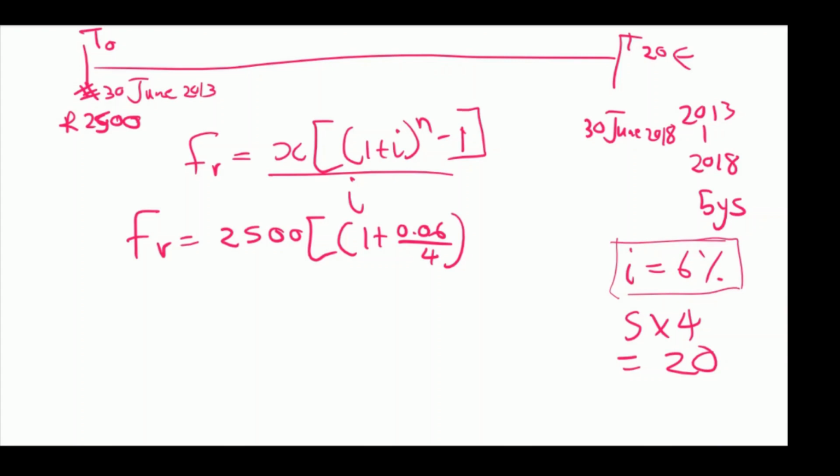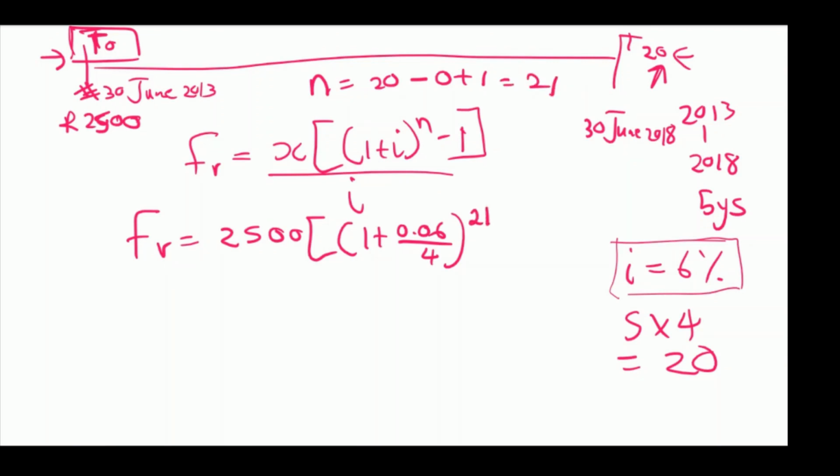Remember that it started off immediately at t0, right? So if it's t0, it means now to find n, we're going to say 20 minus 0 plus 1. So the 20 is 20 minus 0 where it started plus 1, which will give you 21. So our n is 21.